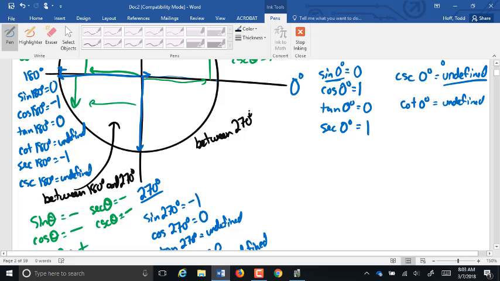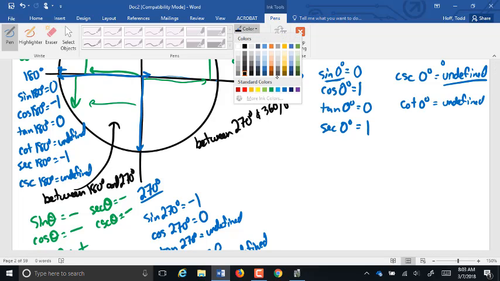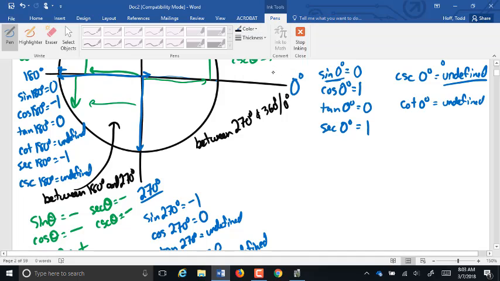Between 270 and 360, or 0, whichever way you want to put it. 360 and 0 are the same spot. Sine theta is negative, still below the axis. Cosine, however, is positive.